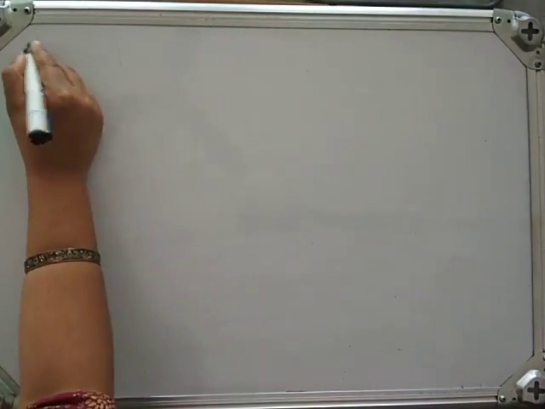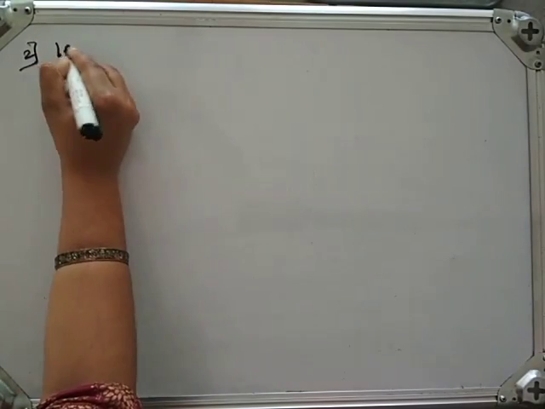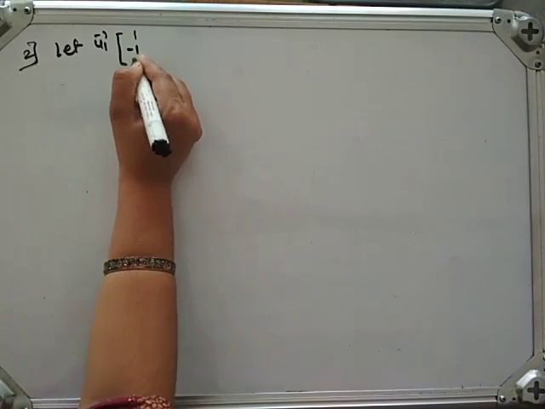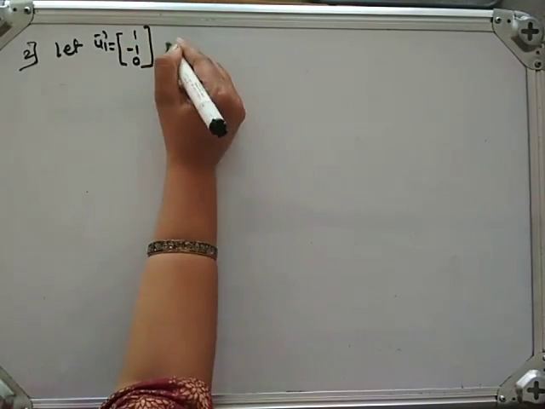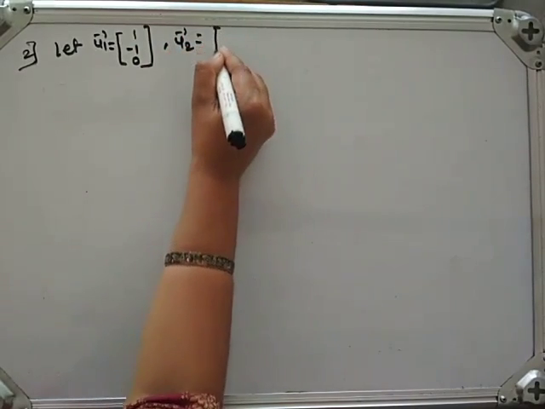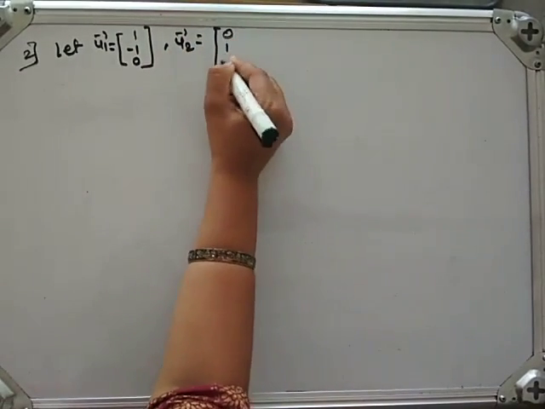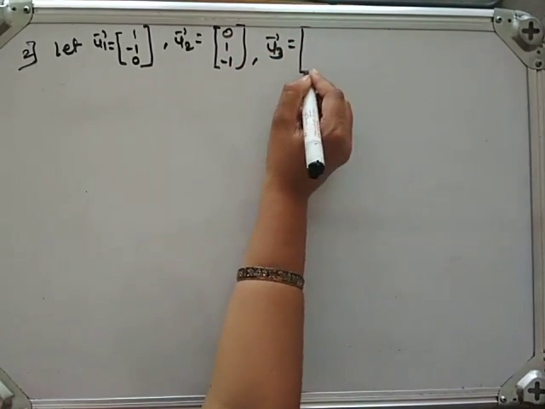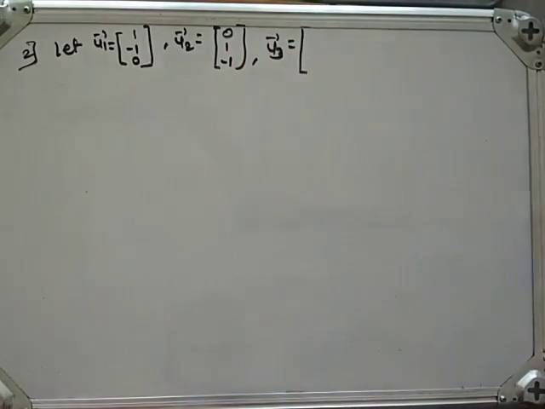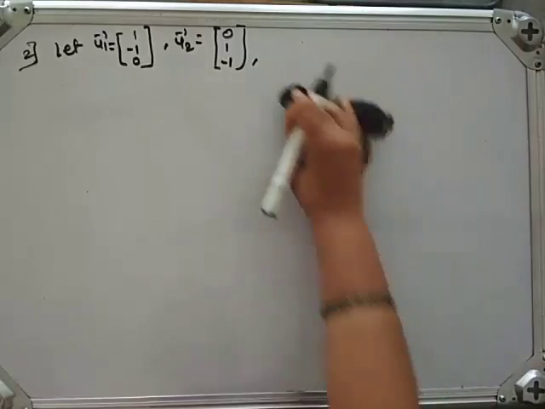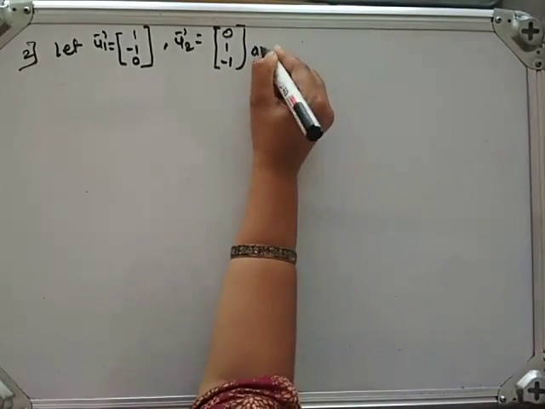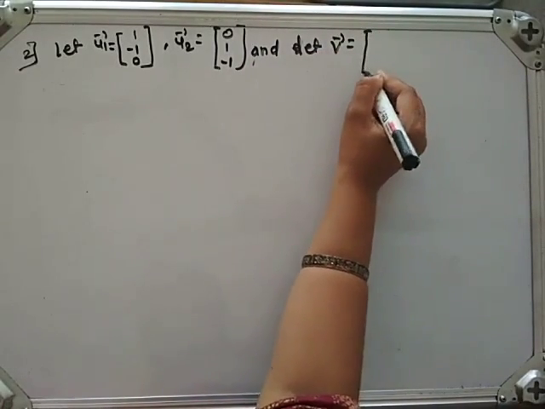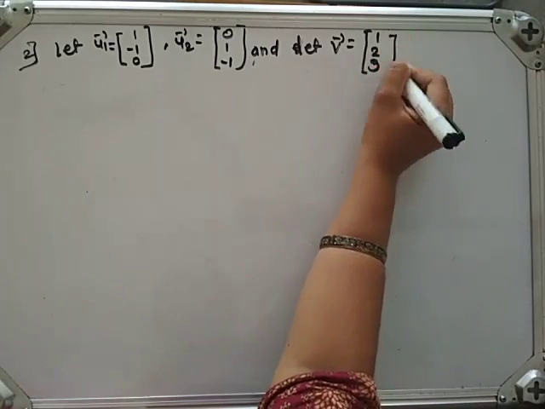Let us take the second example. Let u1 bar is equal to matrix 1, minus 1, 0. u2 bar is equal to matrix 0, 1, minus 1. Here u3 is not given, and let V bar is equal to matrix 1, 2, 3.